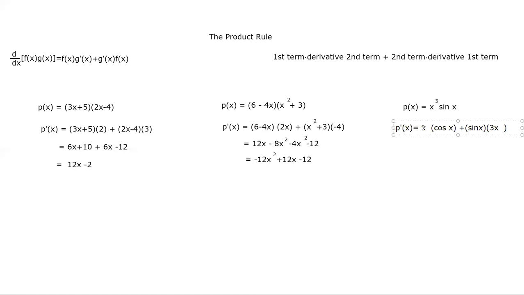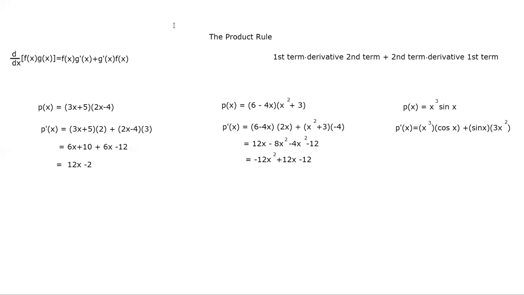So I'm going to come back and put this in. Okay, let's put the exponents in right here on this first problem. Remember, that was first term, which is x cubed, times the derivative of the second term, which was cosine, plus the second term, which was sine, times the derivative of the first term, which was 3x squared.